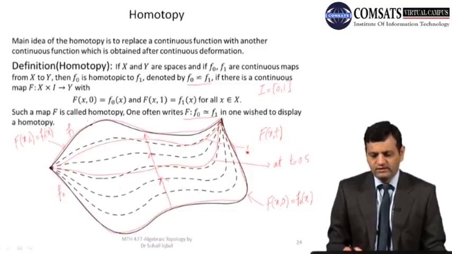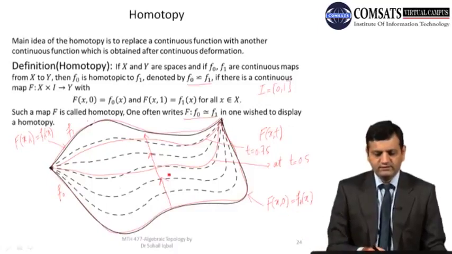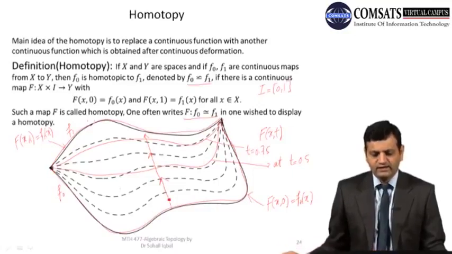For each and every point in the closed interval 0, 1, I will be getting functions which lie between f0 and f1. So the end result is we start from f0 and we continuously deform our function to f1. At time t equal to 1, we have f1. In between these two functions, at any time, we have other functions which are intermediate functions.